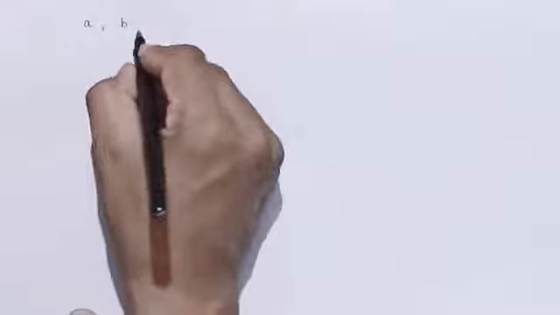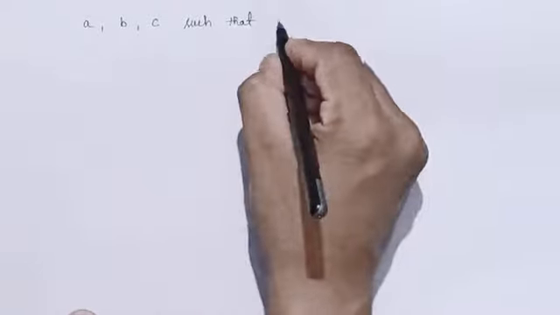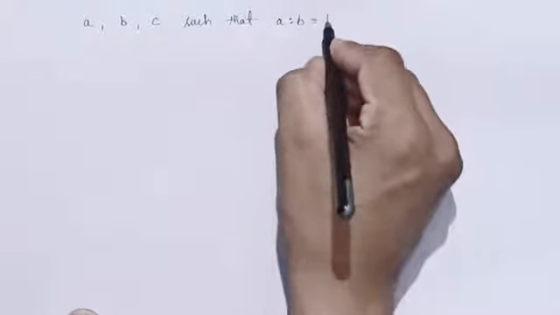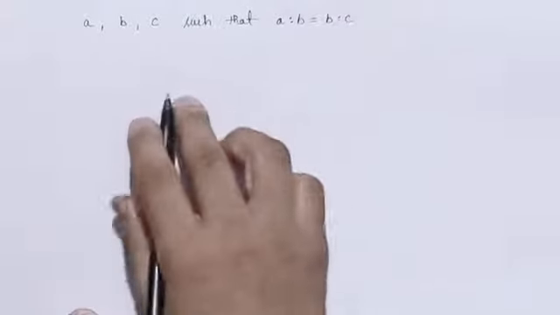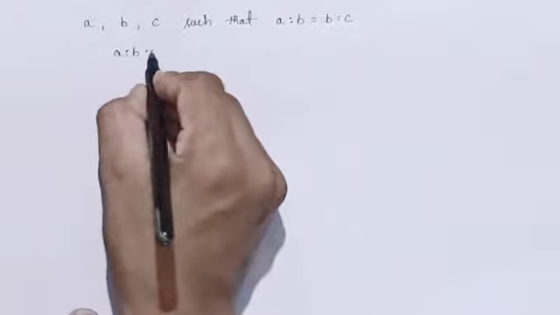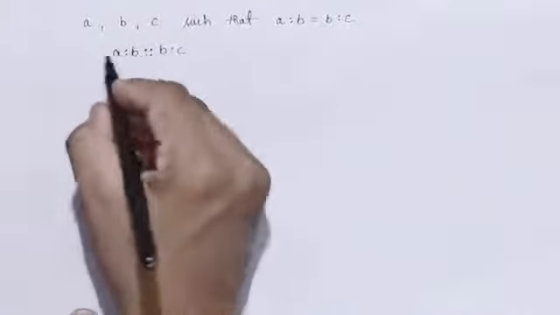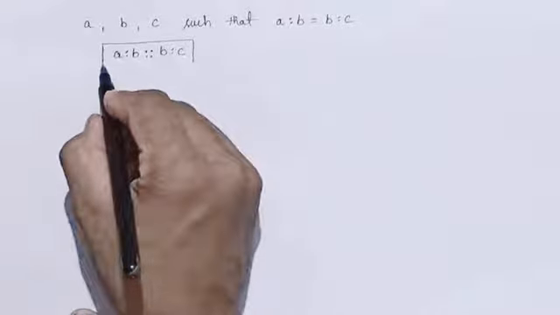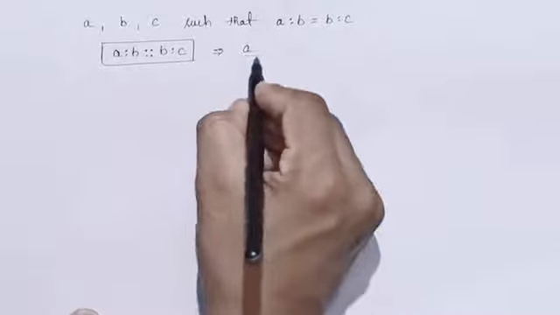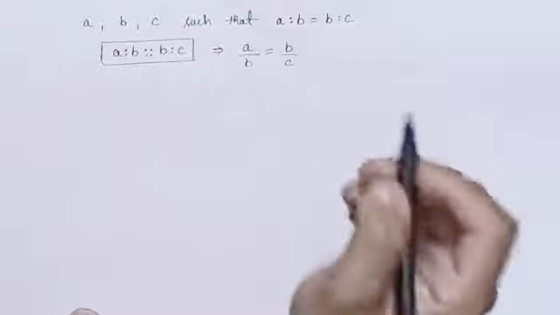Now students, if we are given three numbers A, B and C which are in proportion such that A is to B is equal to B is to C, then we can write these numbers in proportion as A is to B, sign of proportion, then B is to C. This representation implies that A upon B is equal to B upon C. Here the numbers are said to be in continued proportion.